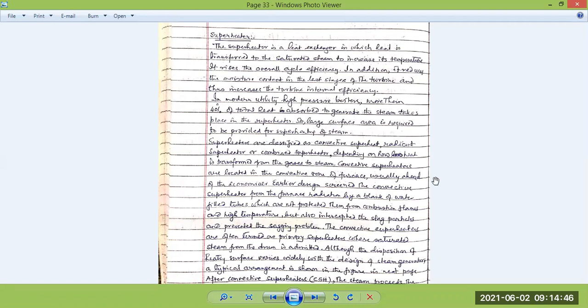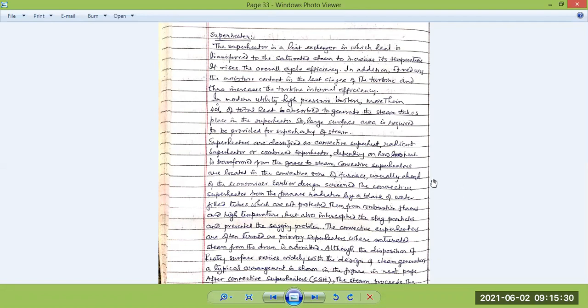Generally, convection type superheaters are placed, as per our theory, before the economizer, which also absorbs the heat of the furnace and sends it to the water itself. It should be ahead of it, so that it is close to the furnace or boiling part of the furnace, where the heat can directly convert, or the flames can come directly into, or if not touch the tubes, then be close to the tubes, so that it can heat the water inside the tube to a higher extent, or heat the steam inside the tube to the superheater temperature itself.